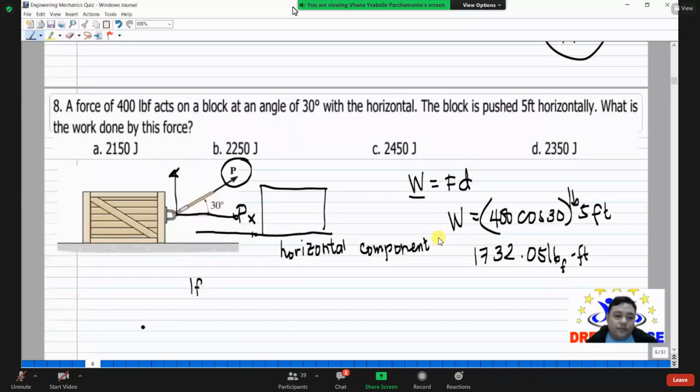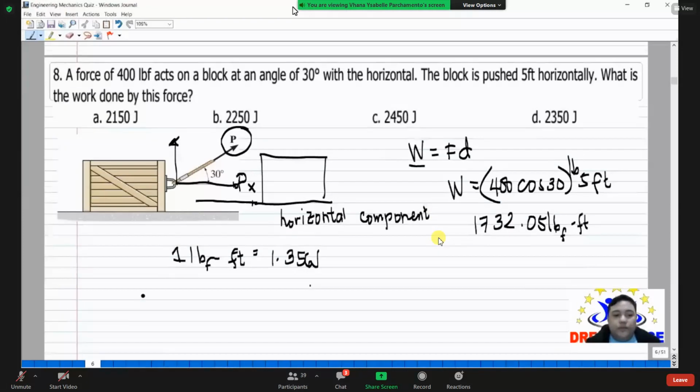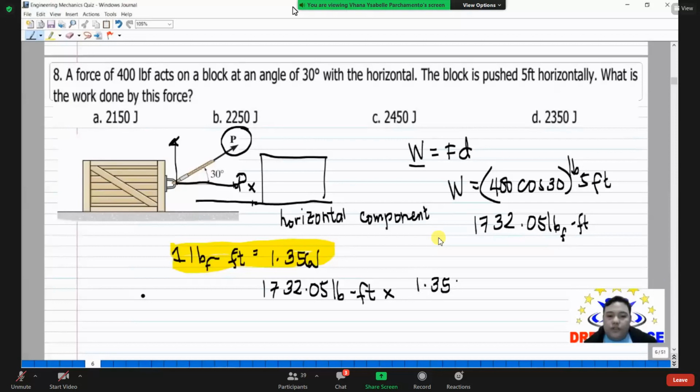So in 1 pound force feet, so this is equal to 1.356 joules. So always remember this conversion. Yan. So i-multiply natin yung 1,732.05 pound force feet multiplied by in 1.356 joule, there are 1 pound force feet.